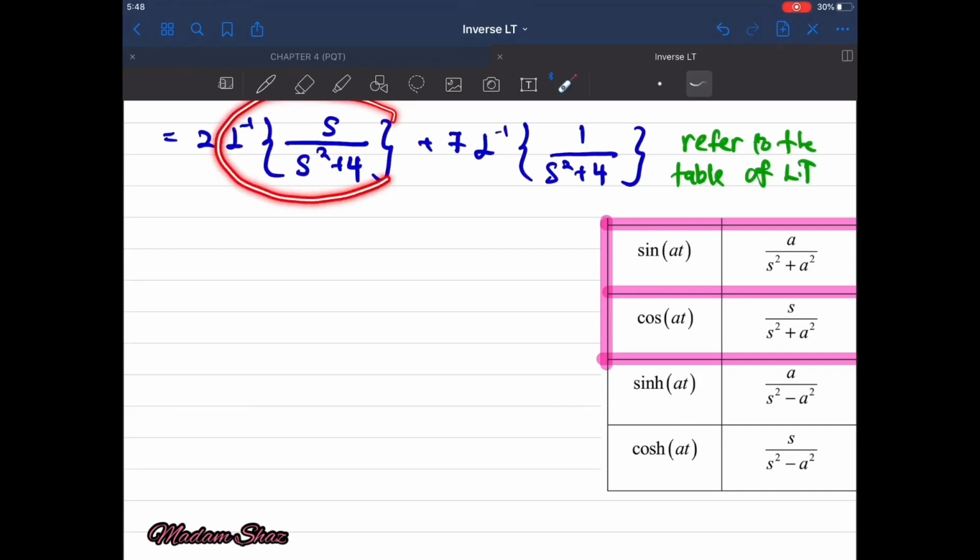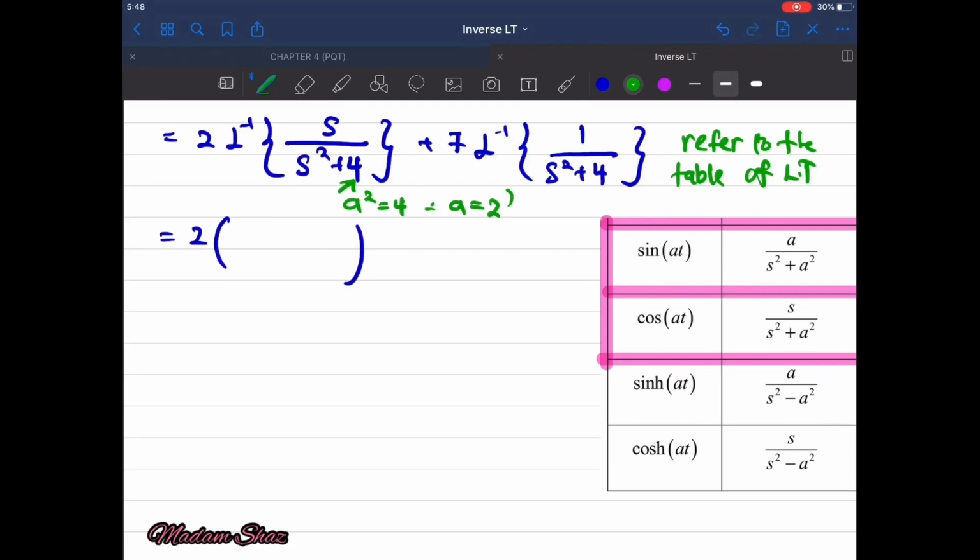So therefore, for the first curly bracket, 2 as a constant at the front will become 2 multiplied with s over s square plus 4. For this one, our a is equal to 2. a square is equal to 4. So therefore, a is equal to 2.